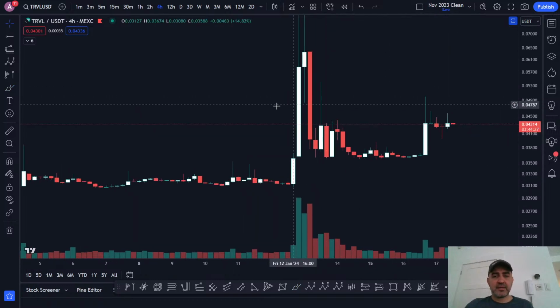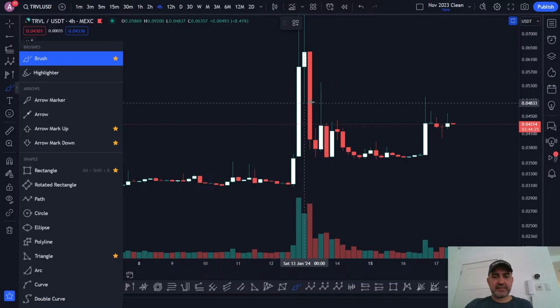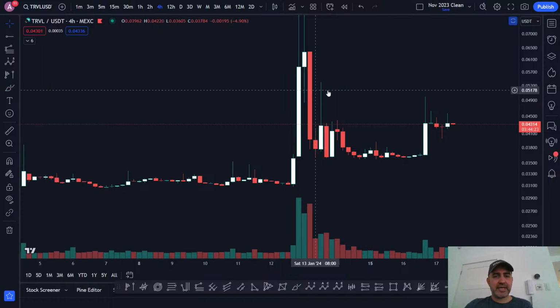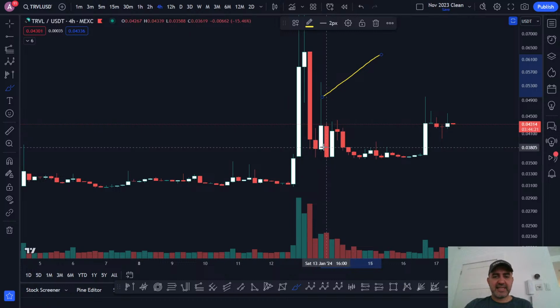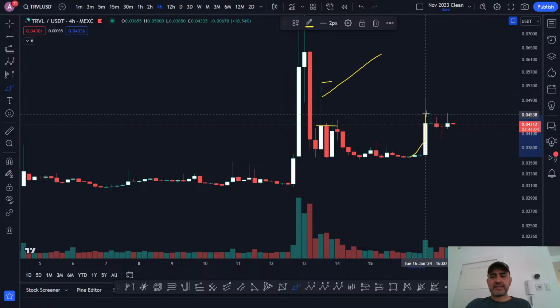You see this green candle here, that's like a market buy. The price bought all the way up to 5.4, but the price closed back down at 4.2. But what you end up with is the market trying to fill the wick, and so the price goes up to try and fill the wick.